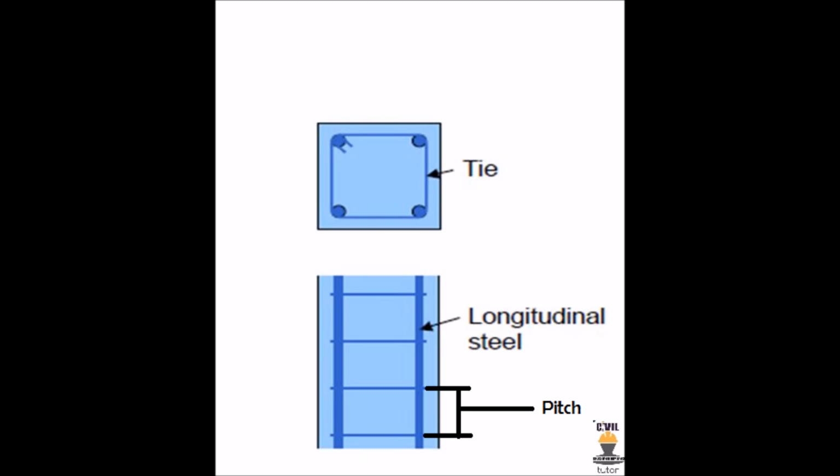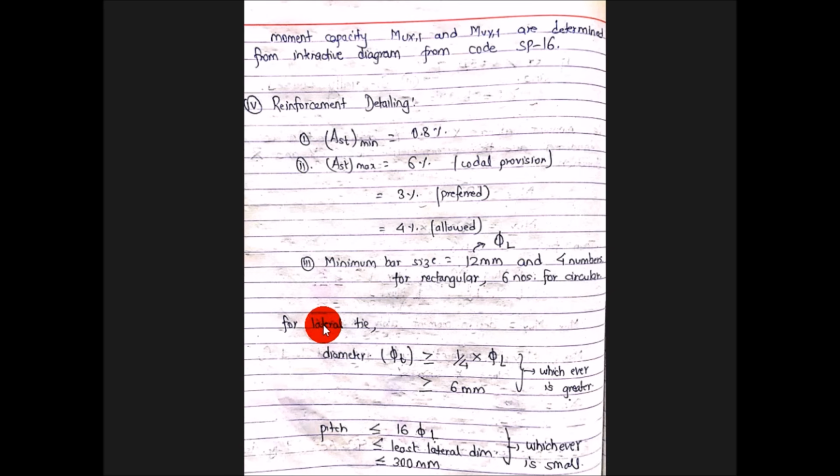So now lateral ties. Lateral ties are the reinforcement provided for the prevention of shear failure. These are also known as shear reinforcement, as they hold the rebar, so shear failure is avoided or reduced.